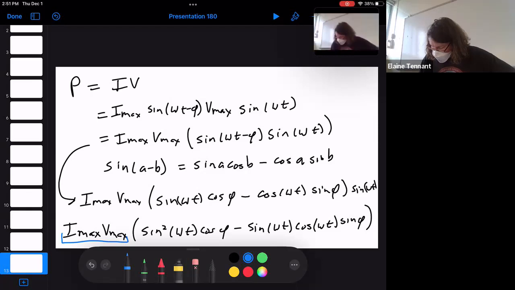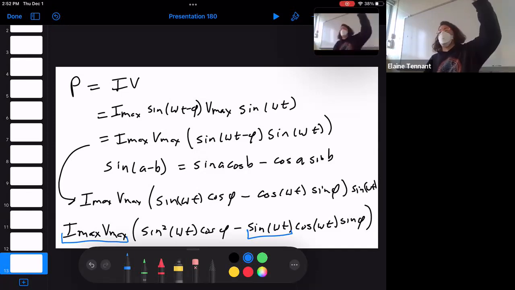What about these guys? And in fact, let's just make this easy. What's the average of a sine function? Someone's going to tell me 0, right? Because the sine ranges from +1 to -1.